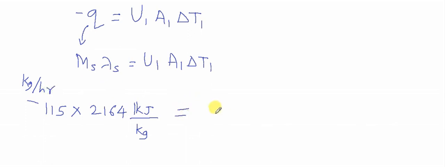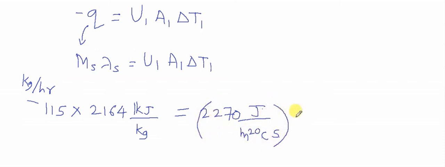That is equal to the value of U1, which is 2270, and its unit is joule per meter square per degree Celsius per second, into area A1 and into delta T1, the temperature difference.